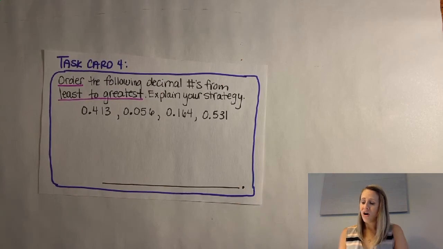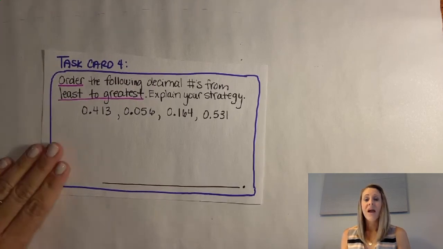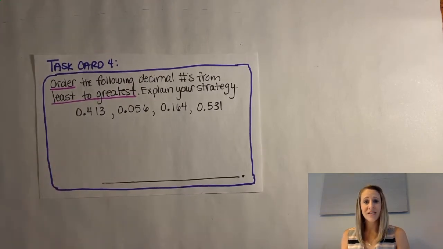So the numbers are 413 thousandths, 56 thousandths, 164 thousandths, and 531 thousandths.